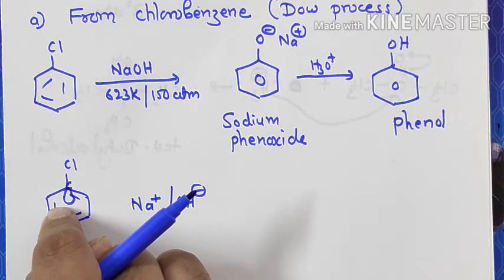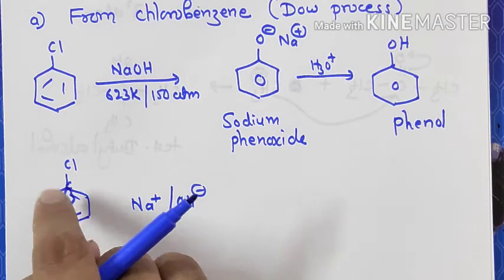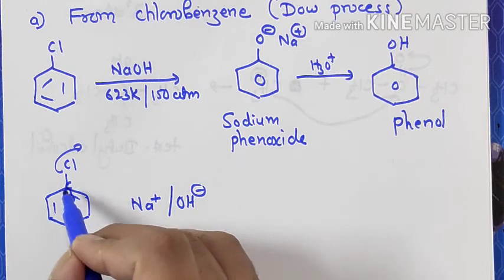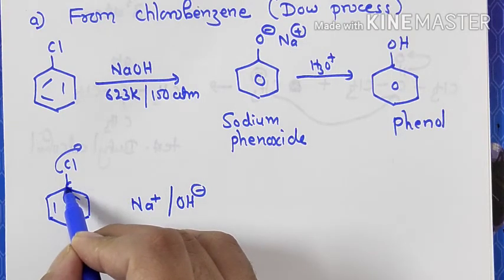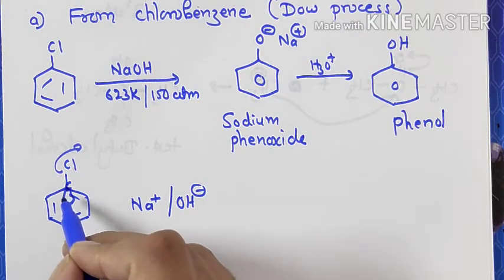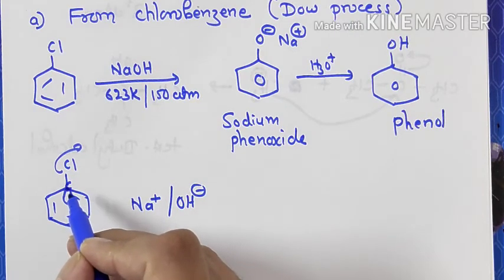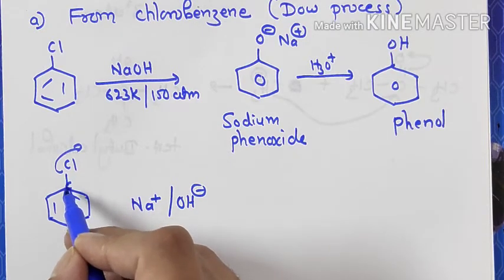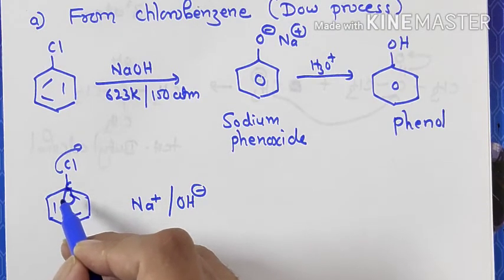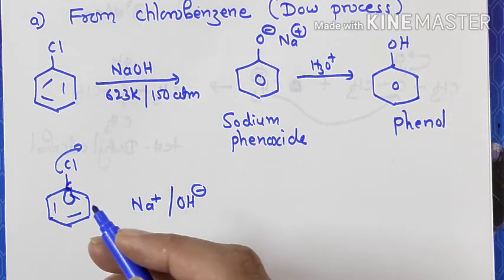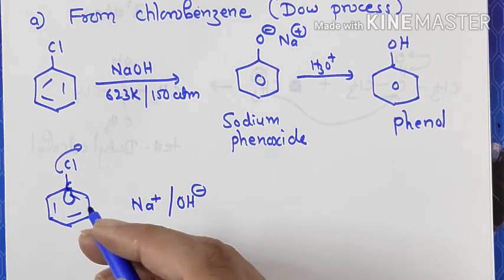Then obviously we think of SN1. SN1 is also not possible, because when chlorine moves away, the positive charge comes to this carbon, and this carbon is sp hybridized and more electronegative. Getting a positive charge on an sp hybridized carbon is a very, very difficult case, because that will make it unstable.